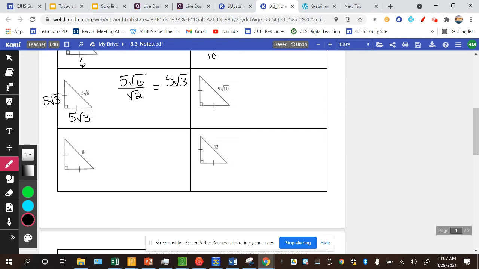Okay. Let me. If we have something like this, these numbers go together, so we can simplify the 5 over 10. And these that have the square root together can be simplified.